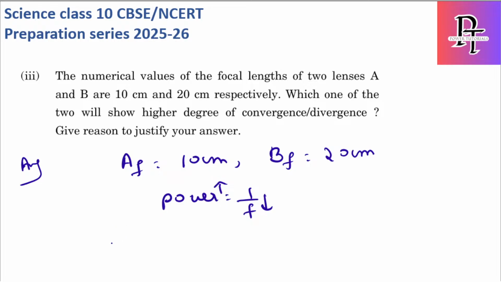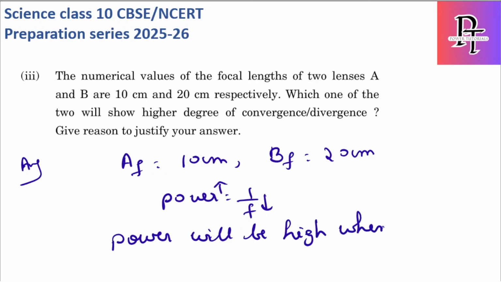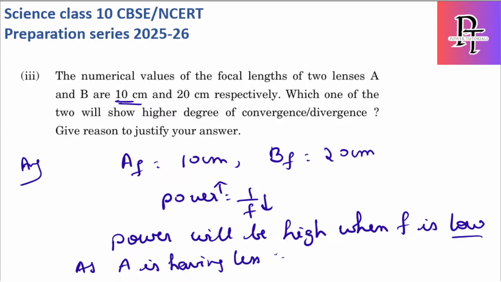ओके, सो सिंपल, पावर विल बी हाई व्हेन f इज लो, मतलब फोकल लेंथ इज लो। सो इन दोनों केसेस में कौन सा लो है, ए का फोकल लेंथ वैल्यू लेस है, तो इसलिए एज ए इज हैविंग लेस फोकल लेंथ, its power of convergence or divergence is high.